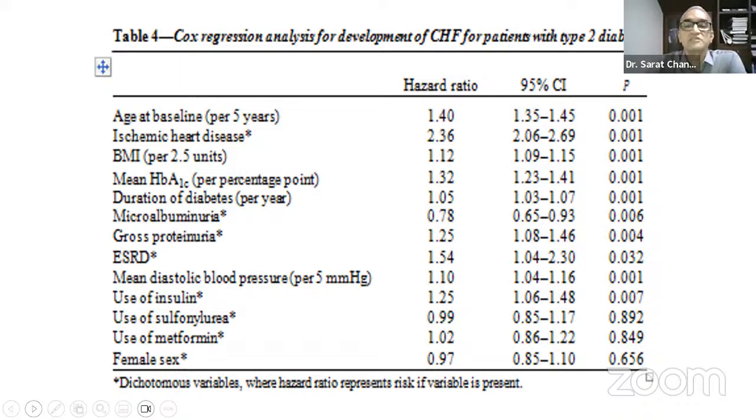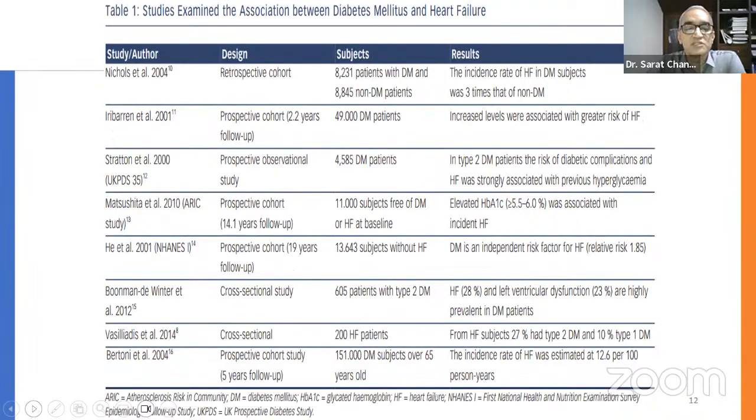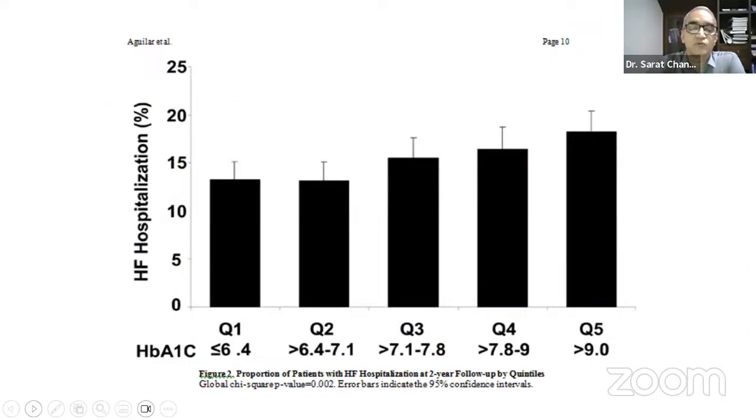All right. This is exemplified in another slide. Look at this. When you see these quartiles, less than 6.4, 6.4 to 7.1, and so on and so forth, when you reach 9 A1C, the highest quartile, the heart failure hospitalization chances are significantly higher.